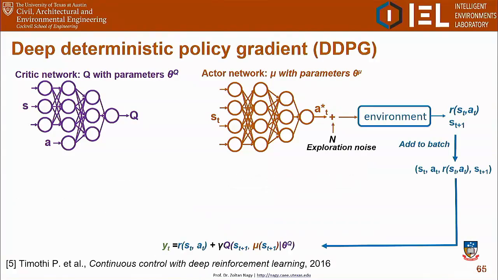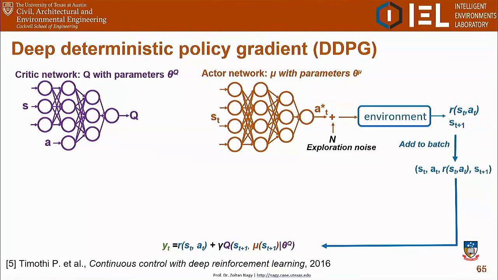So instead of discretizing that and doing all of that, you just try to estimate that 5-dimensional action with this actor network. Then you can just input the state you are in. It will give you what combination of 5-dimensional actions is the best one. And then you can input that into the critic network and obtain the Q value to make this update here.